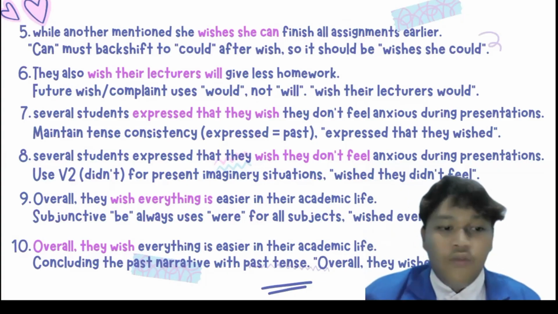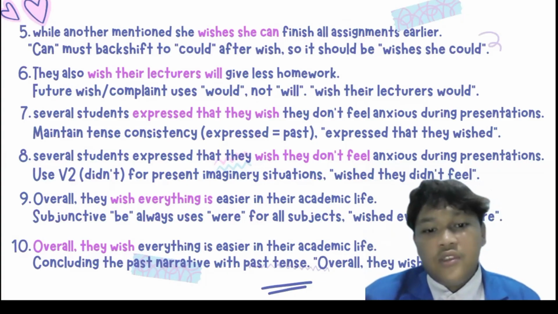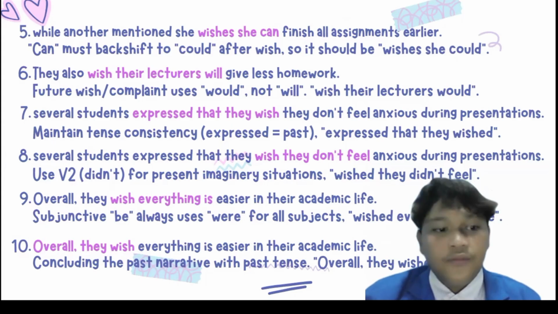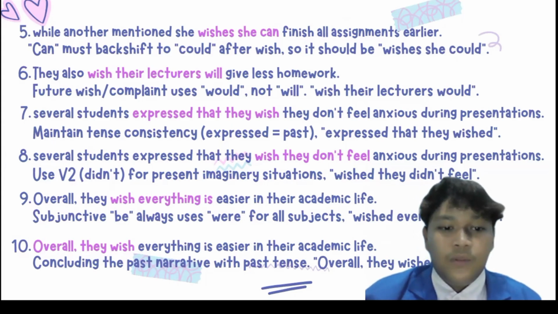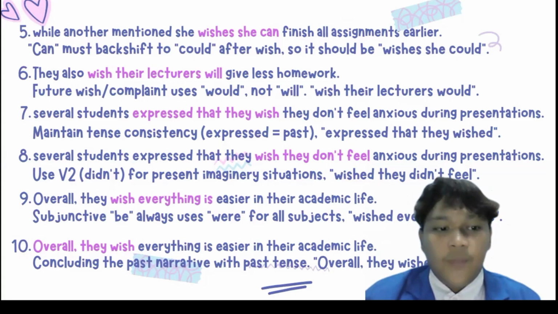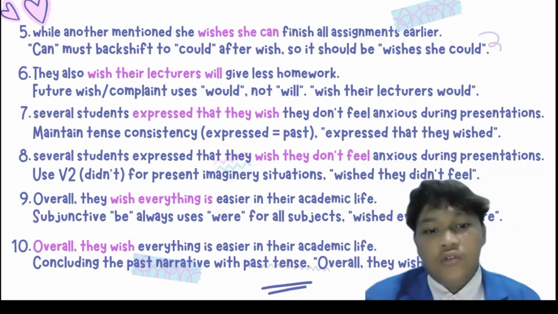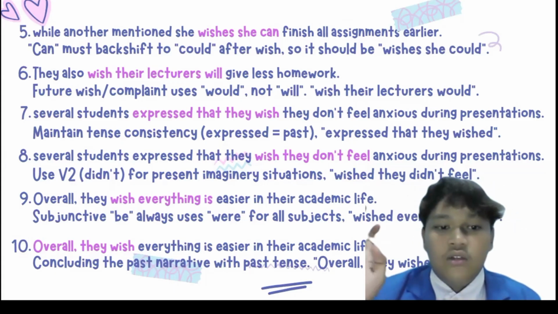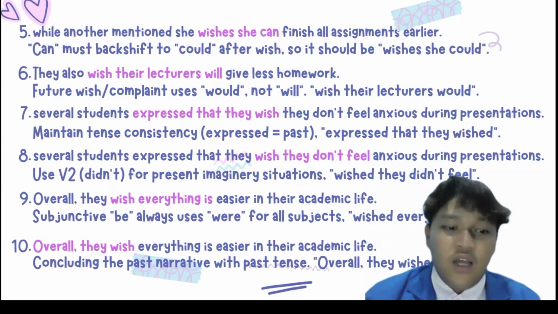And number nine: "Overall, they wish everything is easier in their academic life." In the subjunctive, be always uses were for all subjects in wishes, so it should be "wish everything were." Overall, they wish everything were easier in their academic life.